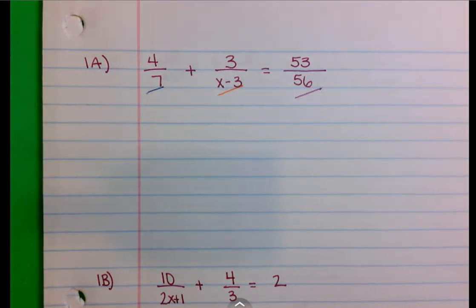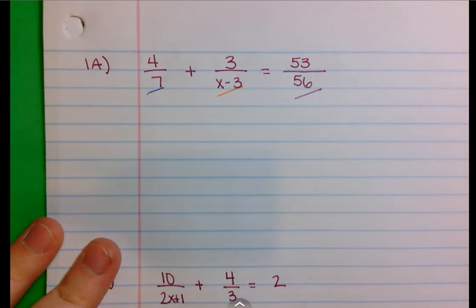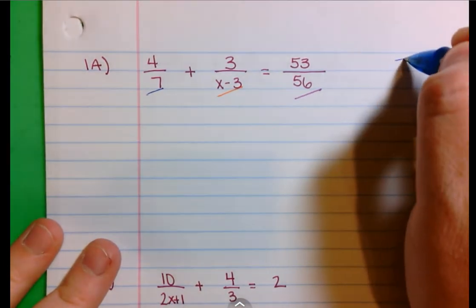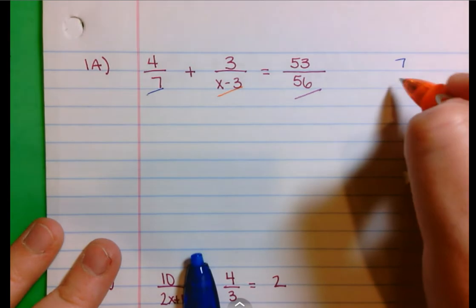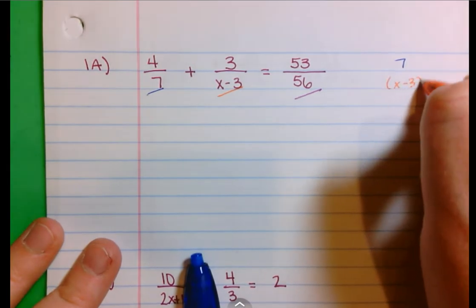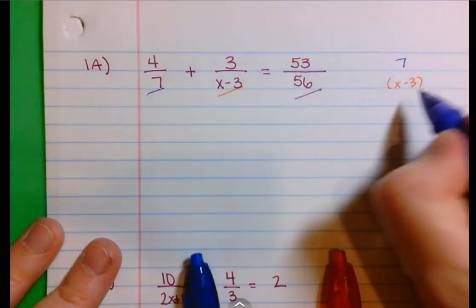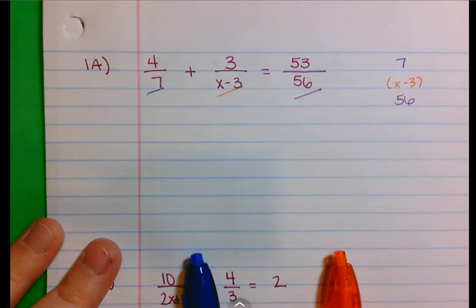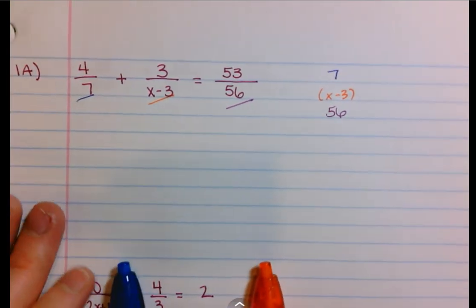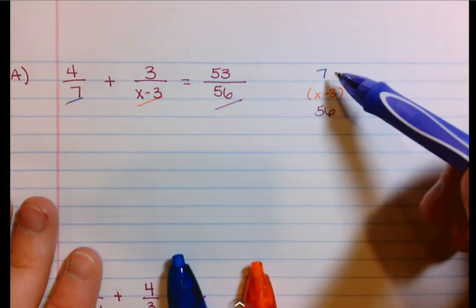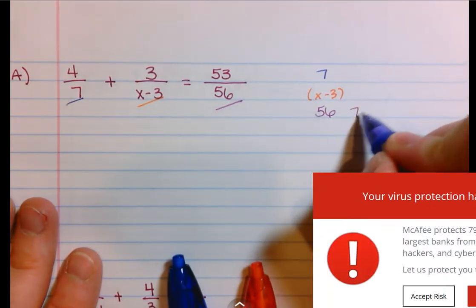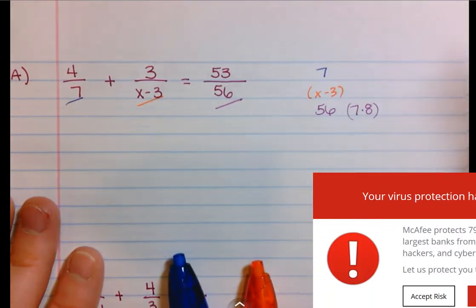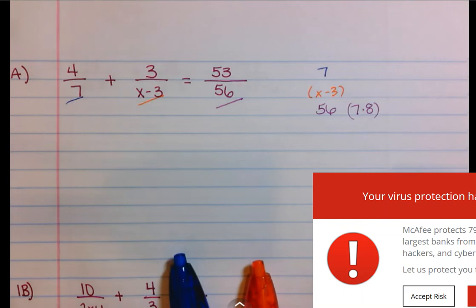So with this, I have the first one of 4/7, then I have x minus 3, and then I have a 56. Now, to find the LCM between these, you can rewrite 56 as 7 times 8, so that you know that 7 is already a part of 56.